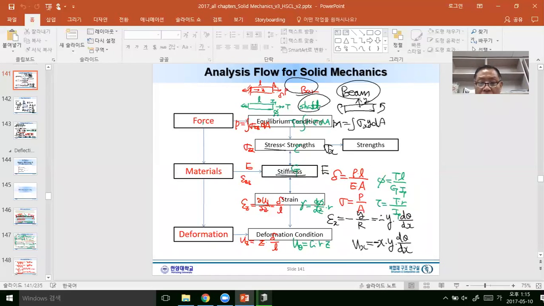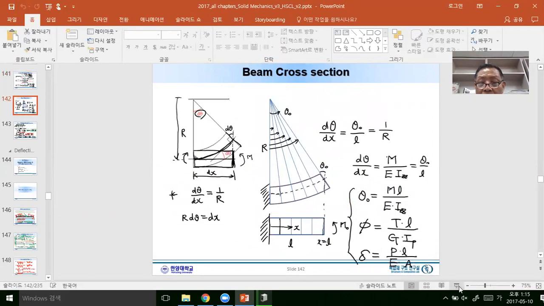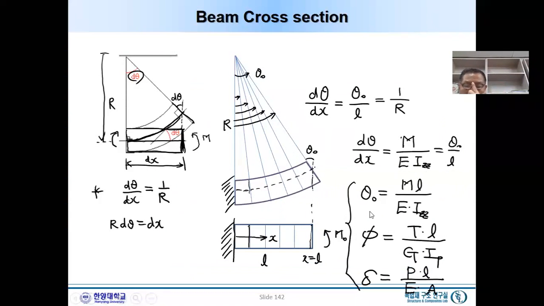Okay, so let's go through that one more time. The equation we are trying to derive is epsilon x equals minus y over r, and minus 1 over r is d theta dx.